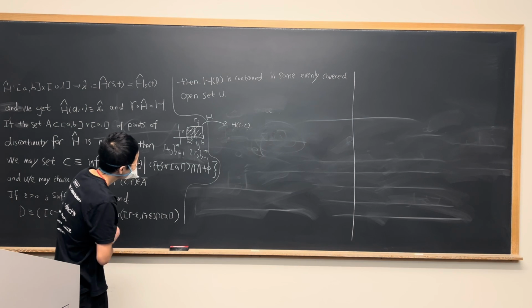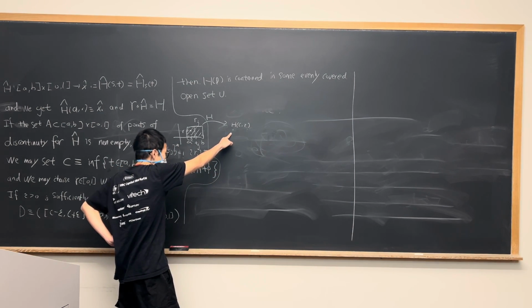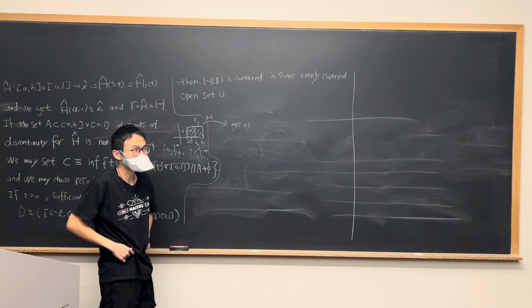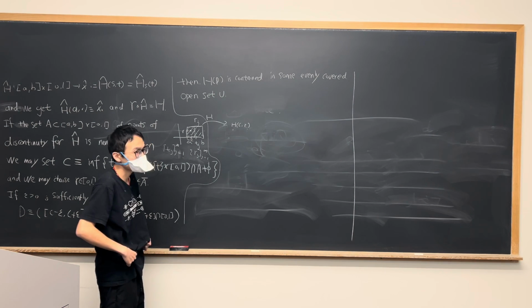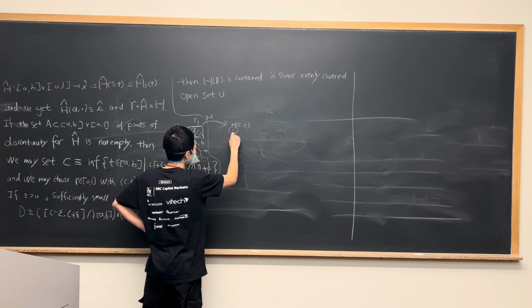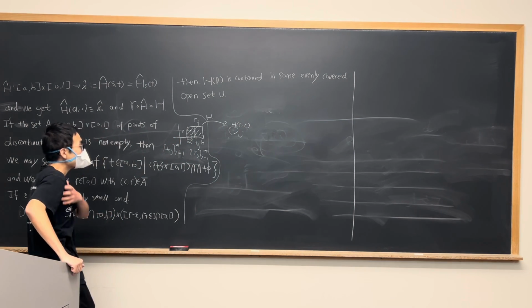Okay, I see. So basically the idea is that, remember, for each point in the covering space, you can pick a neighborhood that is evenly covered by the covering map. Here this is the point, and then we pick a neighborhood that is evenly covered. So now what happens?